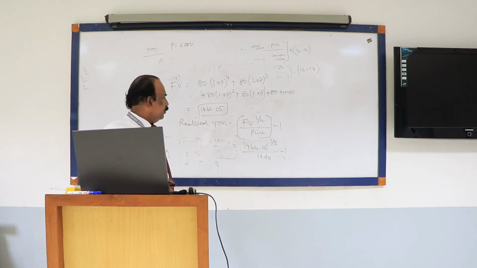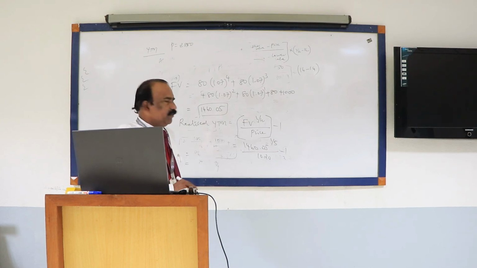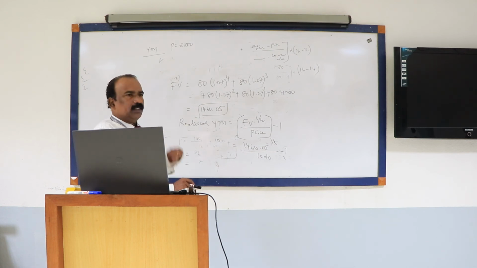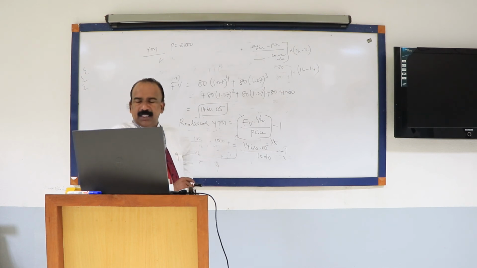1460.05 power 1 by 5 divided by 1020 minus 1. How much comes? You have to use a scientific calculator. Anybody has got a scientific calculator?